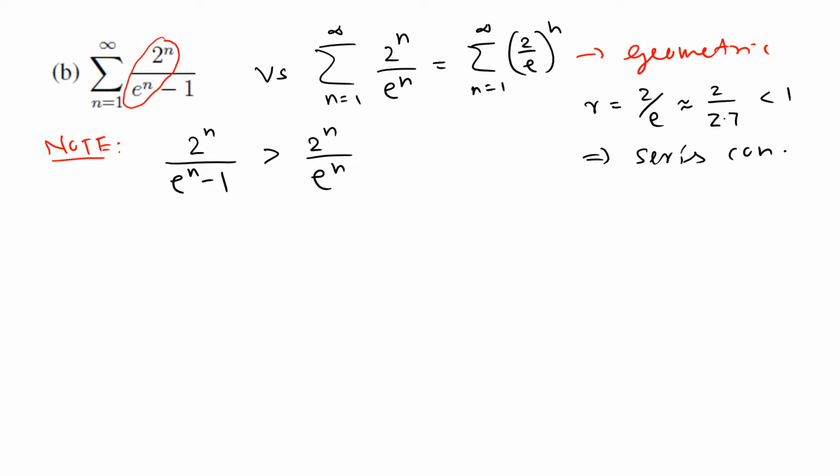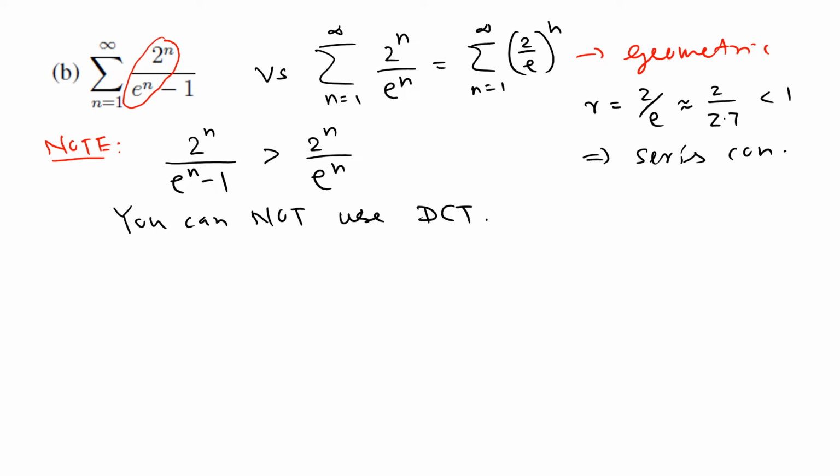But we know that the second series converges. So since the second series converges and the other one is larger, you cannot use the direct comparison test for this problem.